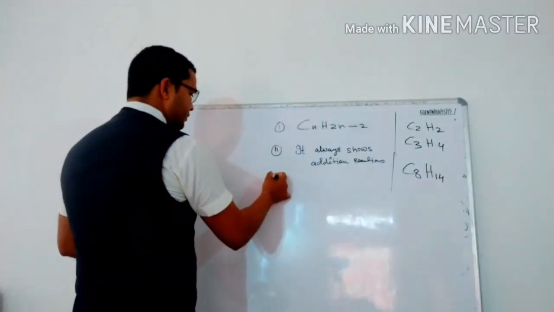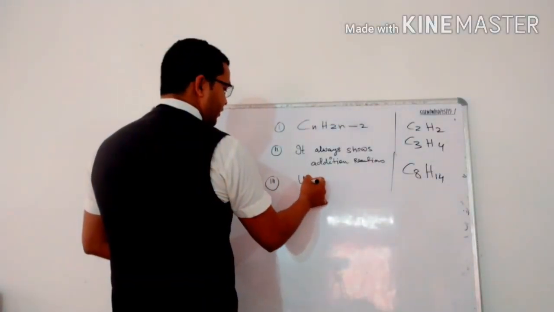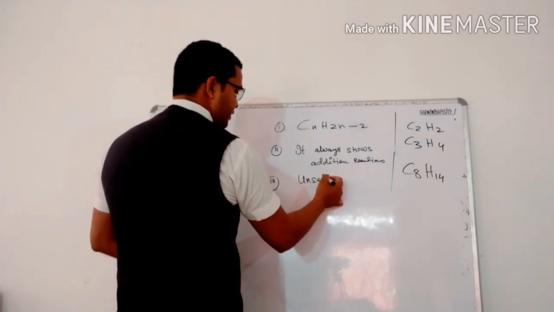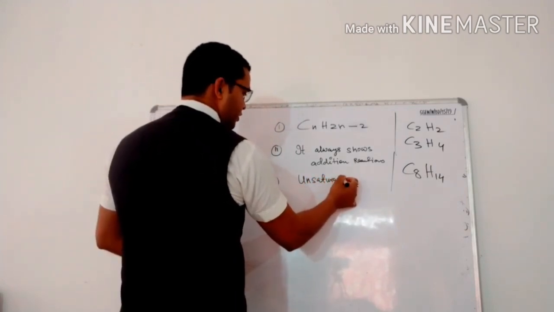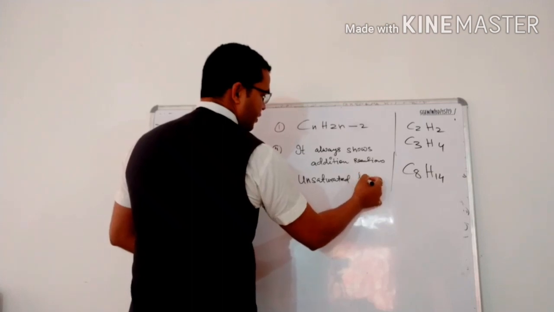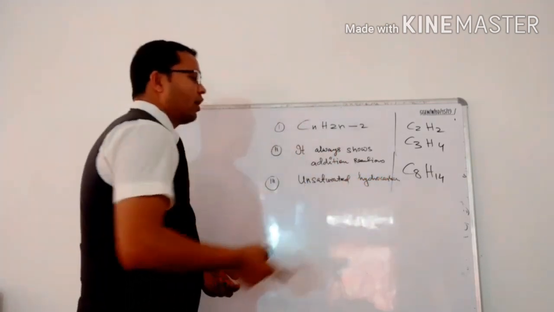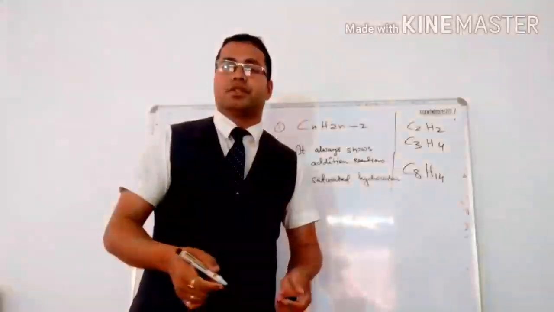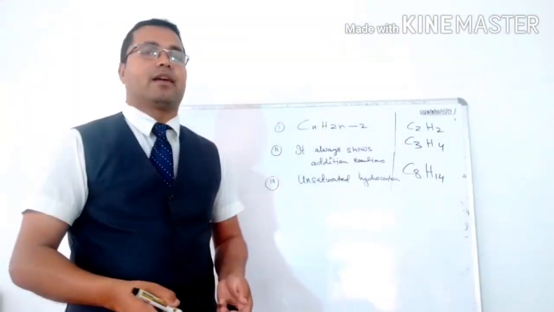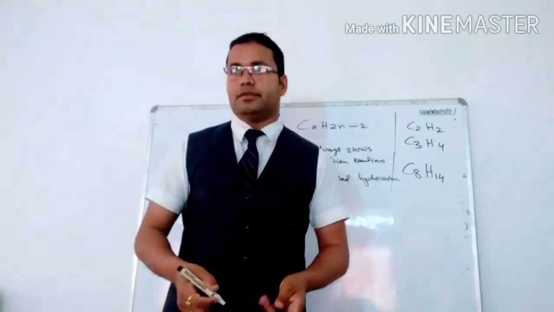And the third point is that it is an unsaturated hydrocarbon, because more hydrogen can be added. So these are the important points regarding alkyne.